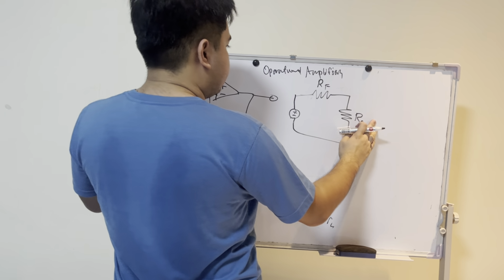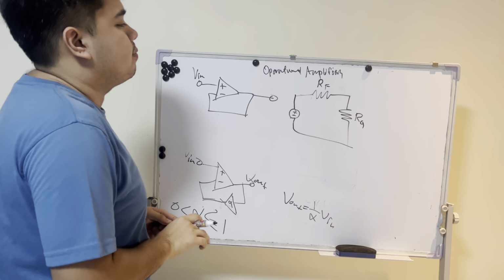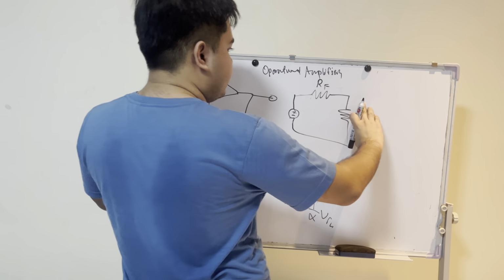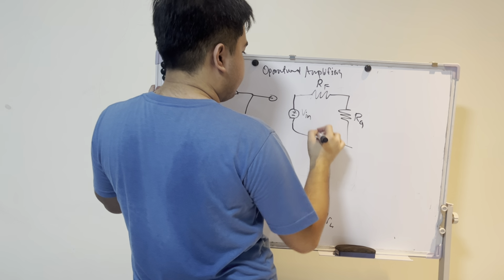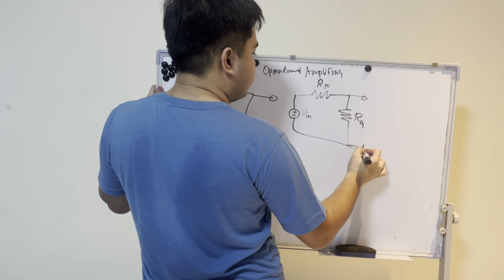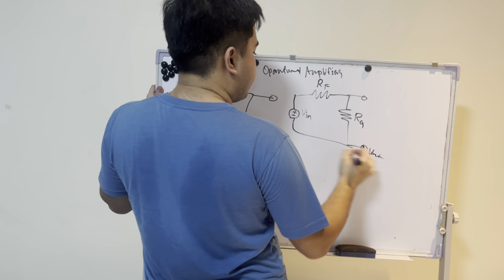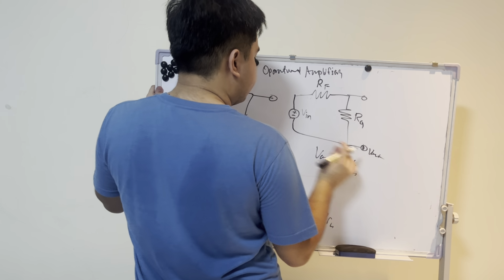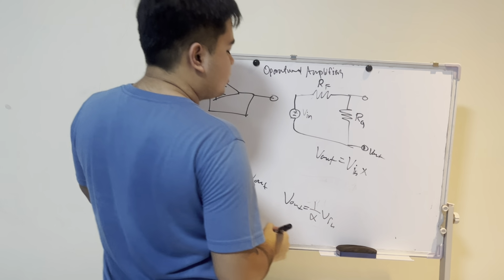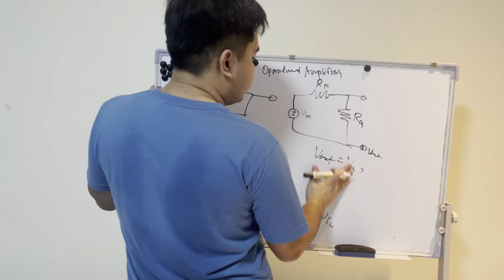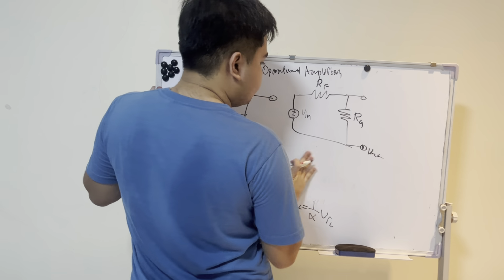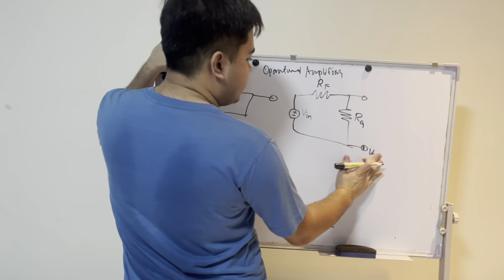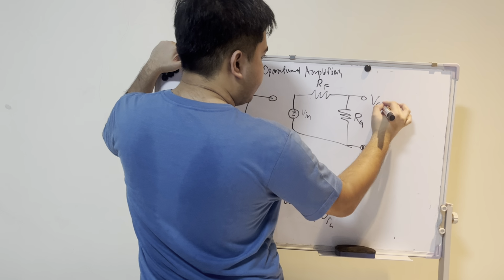The voltage across RG, this is V in, for example, and maybe this is V out. V out is equal to V in, or whatever this is, times... it was just confusing, so let's just say this is VG, alright?